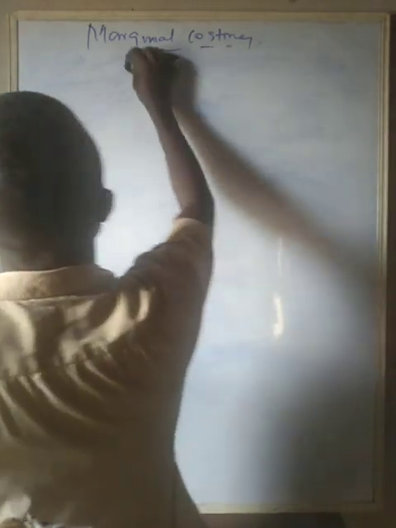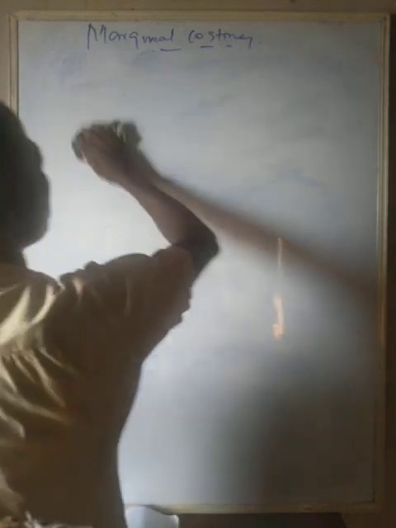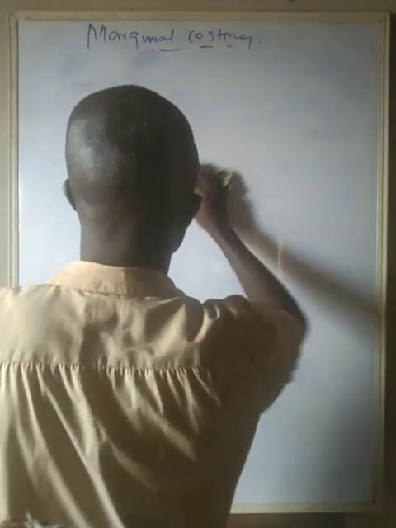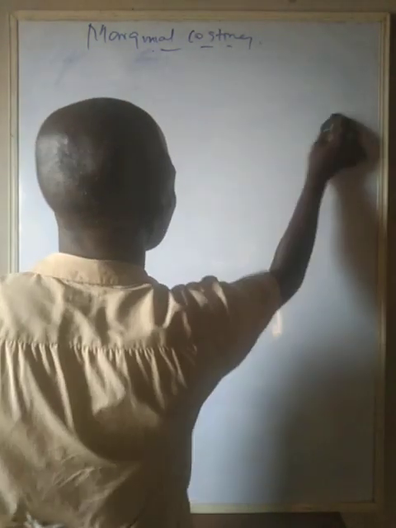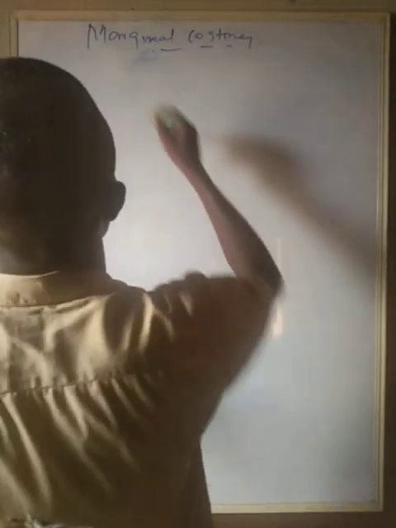In the last video, we presented the format of operating statements using marginal costing. Just the format, and we are going to apply that format to solve this question. This is the solution to that question.